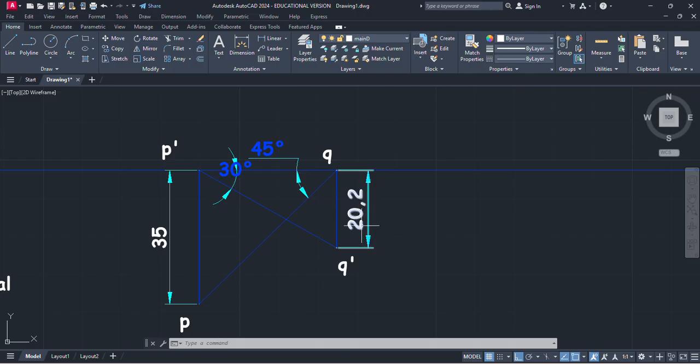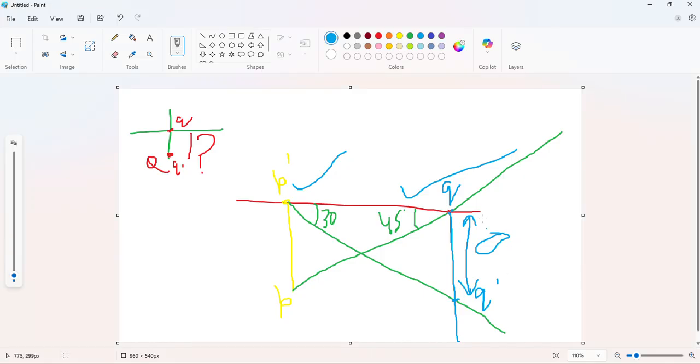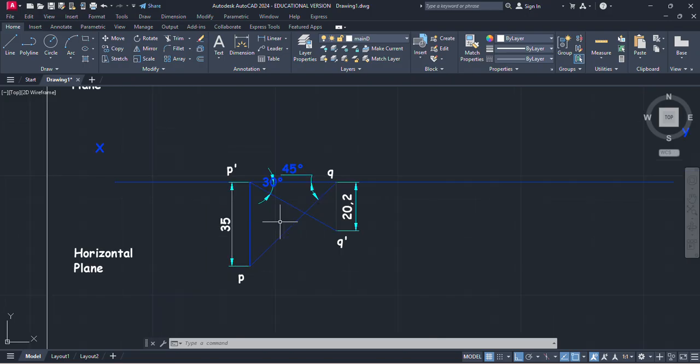So Q is at a distance of 20.2 from the XY, or we can say the point Q is at a distance of 20.2 mm below the HP. So this distance, which was our answer, is 20.2 mm. So this is our solution.